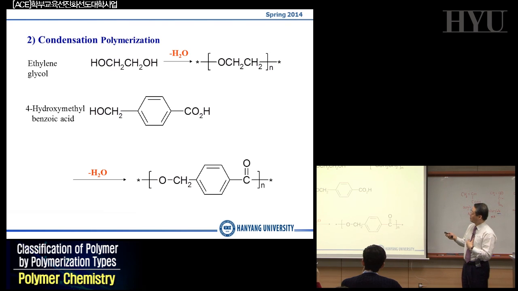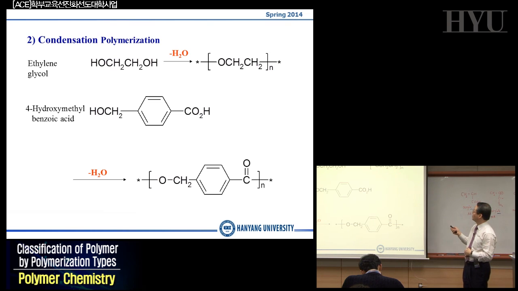In the case of ethylene glycol, we have two hydroxyl groups. One hydroxyl group is one functional group. Because we have two hydroxyl groups, this is bifunctional. Condensation reaction occurs between these hydroxyls, so we can make polyethylene glycol.